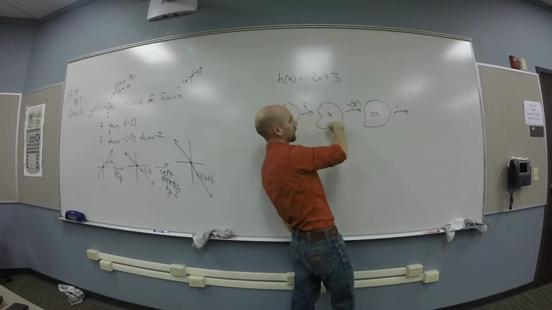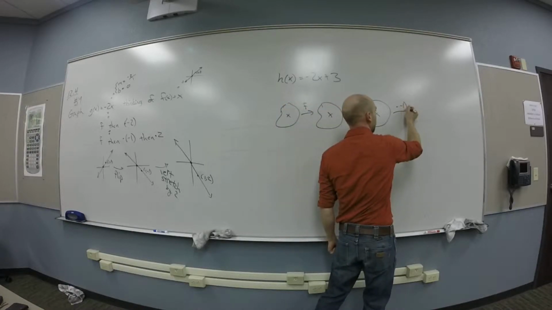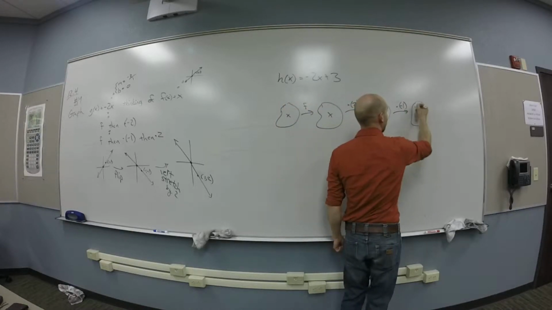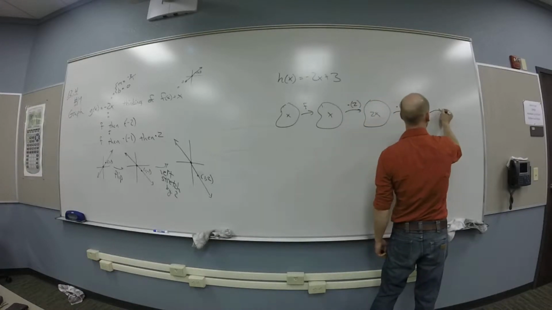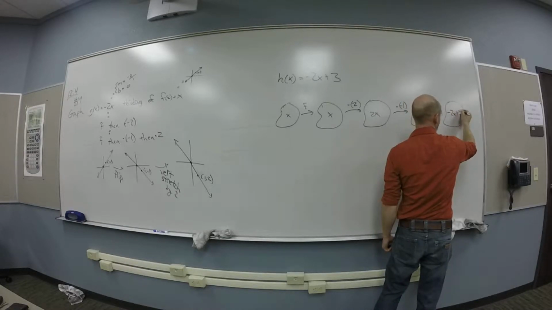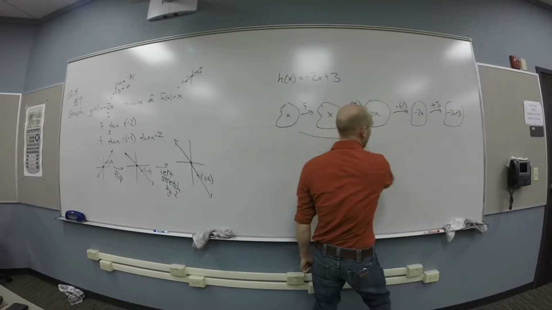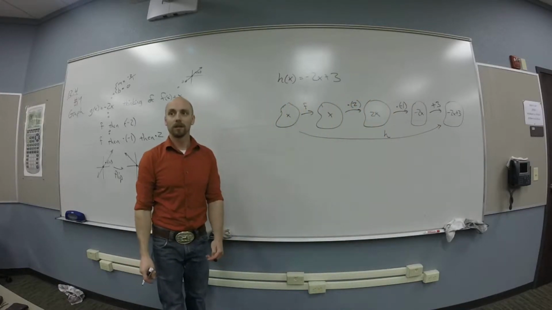So I put an x in, multiply by 2, make it negative, then what do I do? Yeah, add 3 to it, right? So that'll get me to my end result. So this whole thing, that's my h, beginning to end.